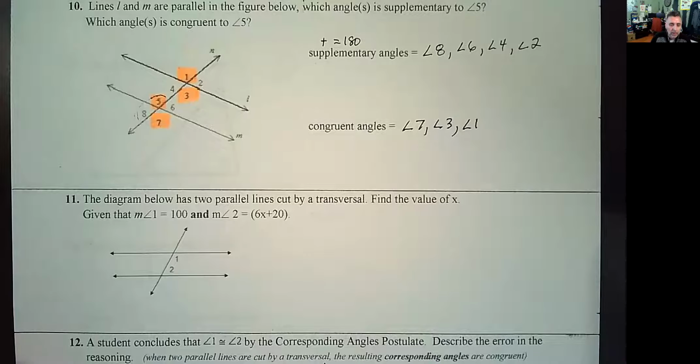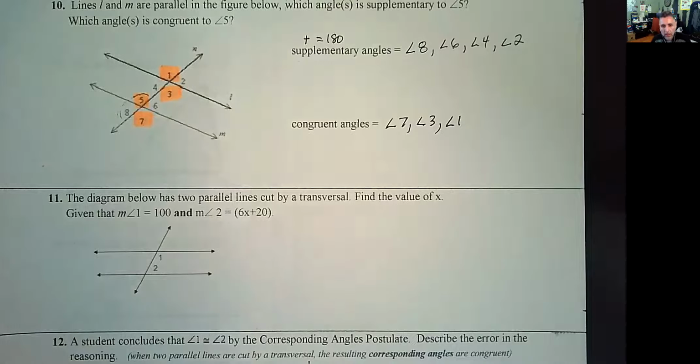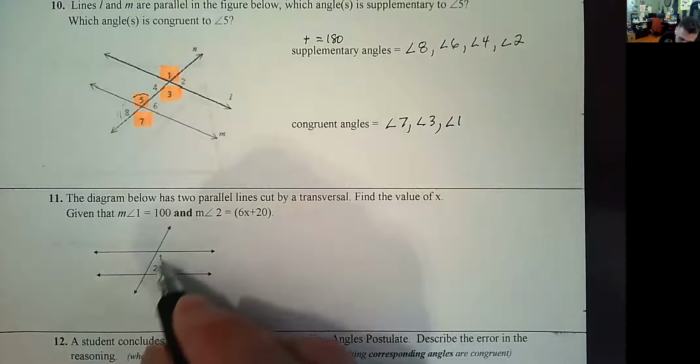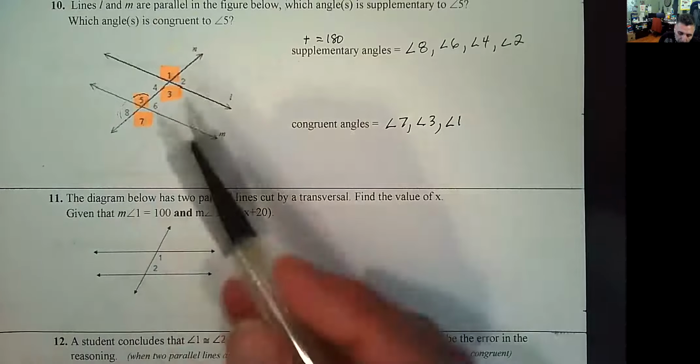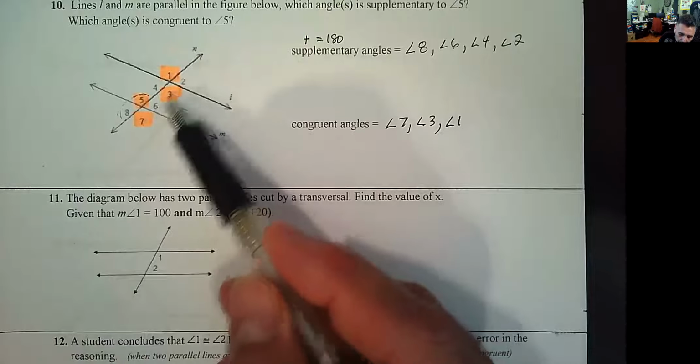Number 11 says the diagram below has two parallel lines cut by a transversal. Find the value of x, given that the measure of angle 1 is 100 and the measure of angle 2 equals 6x plus 20. So if you look at the two angles, they're here. If you look at my previous diagram, it's these two, the two inside ones.